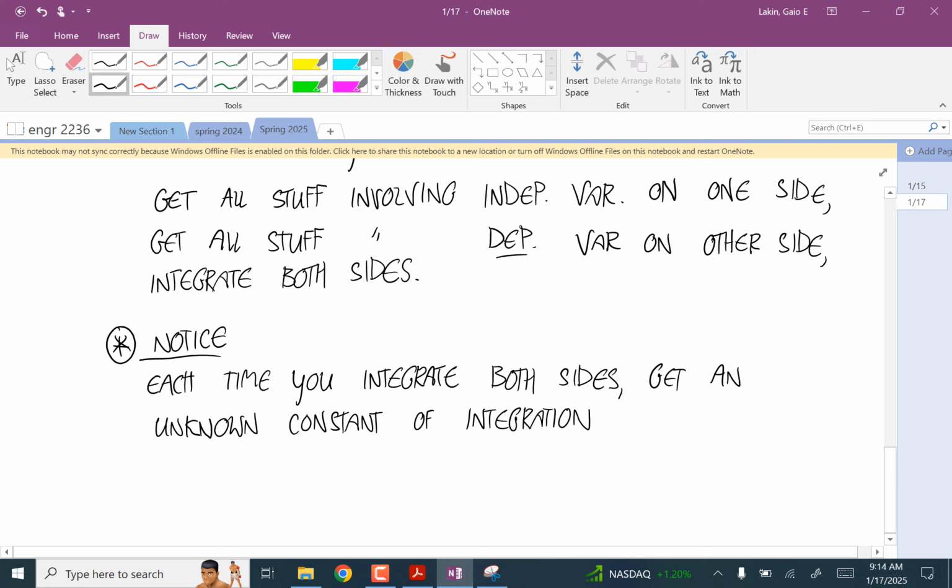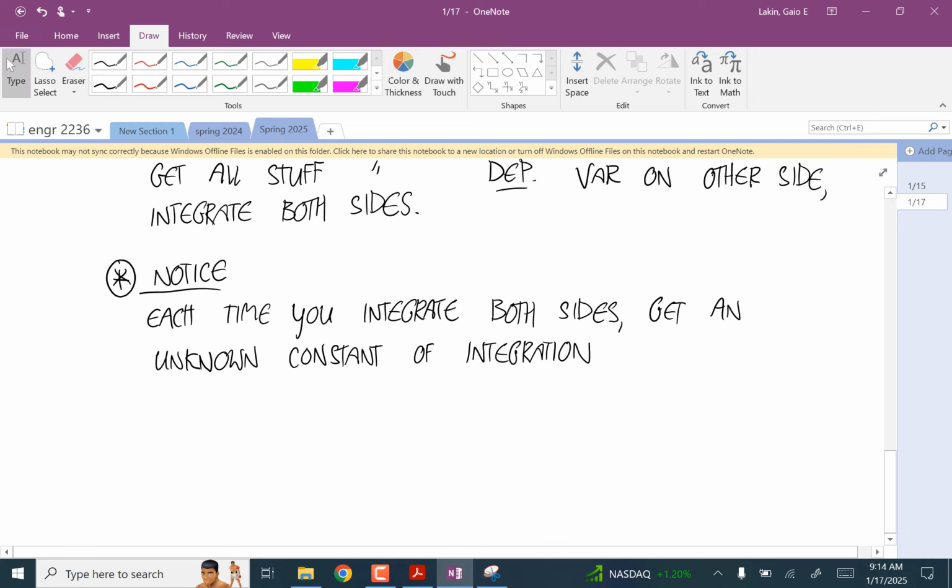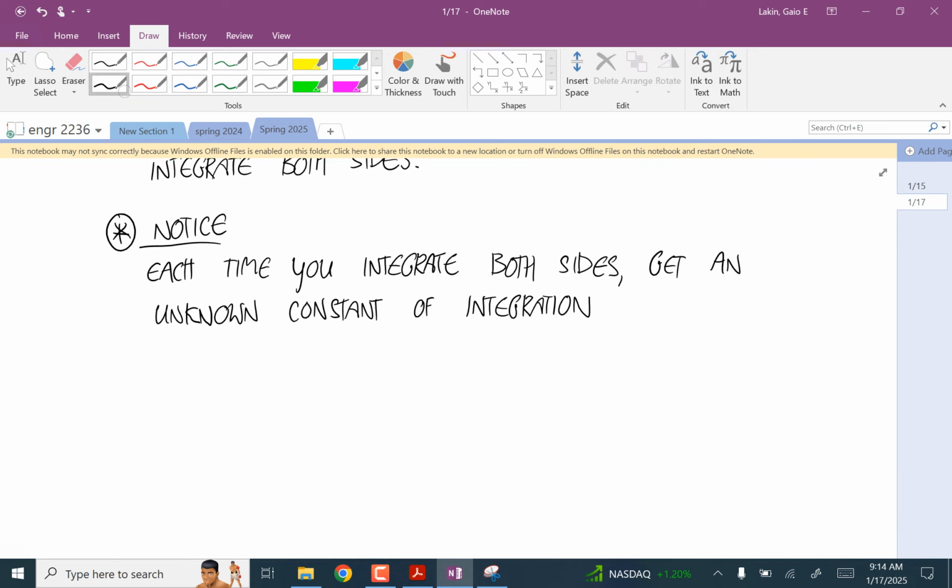Well, just to be clear, you're integrating both sides, so you're doing two integrals. You really get two constants of integration, but if you add those up, get them to one side and add them up, it's the same thing as a single unknown constant of integration. So we're just going to think of there being a single constant of integration every time you integrate both sides. We have to solve for that unknown constant of integration using a boundary condition.